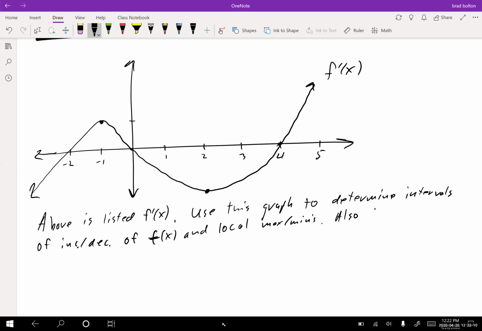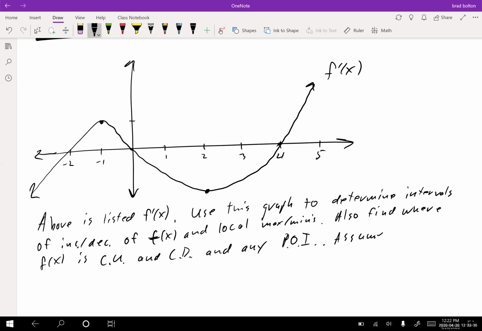Also find where f of x is concave up and concave down, and any points of inflection. Assume f of x is continuous. You don't have any singularities.